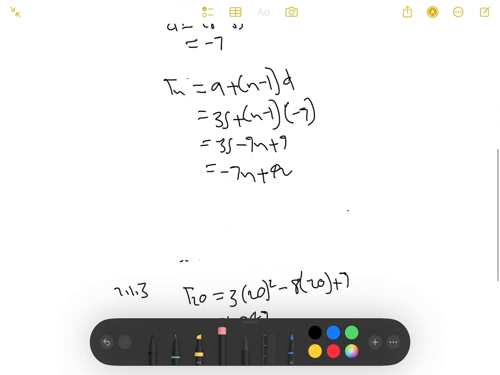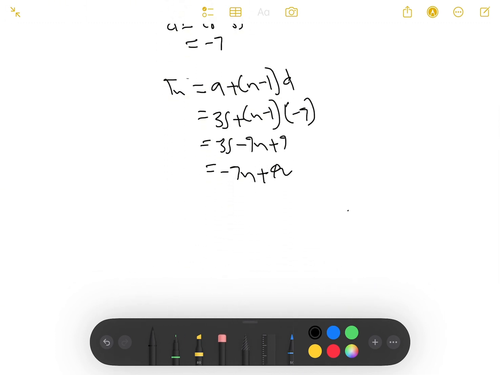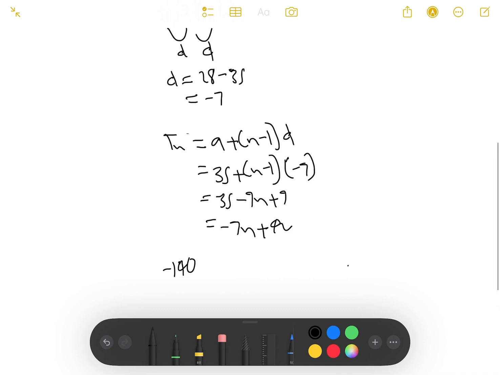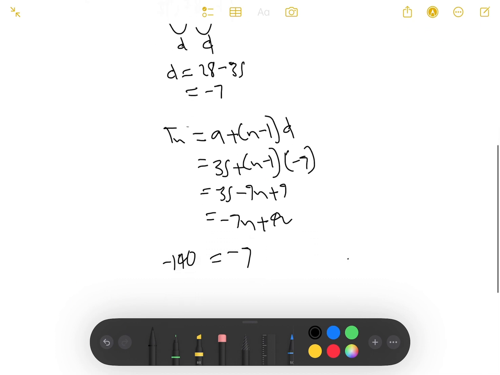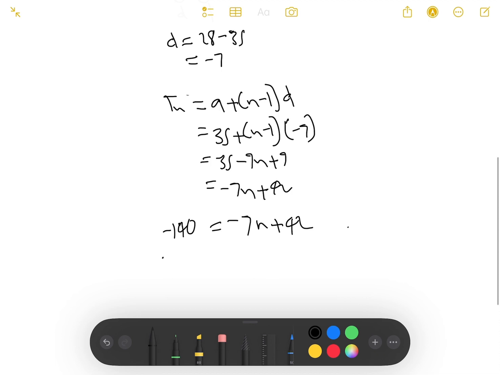So here we have negative 140, which is the Tn value. Now we want the respective term number, so negative 140 equals negative 7n plus 42. From this, negative 182 is equal to negative 7n.